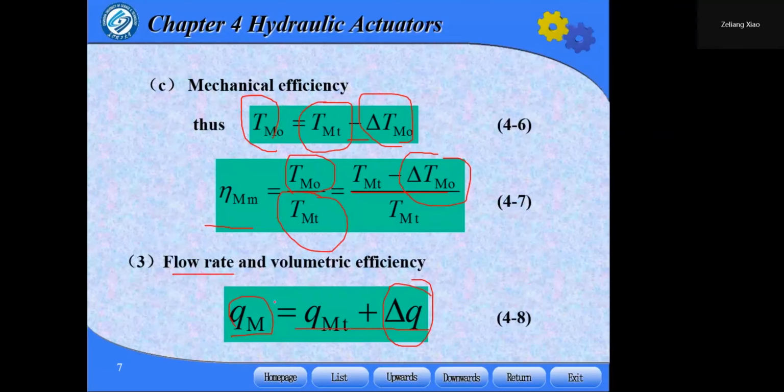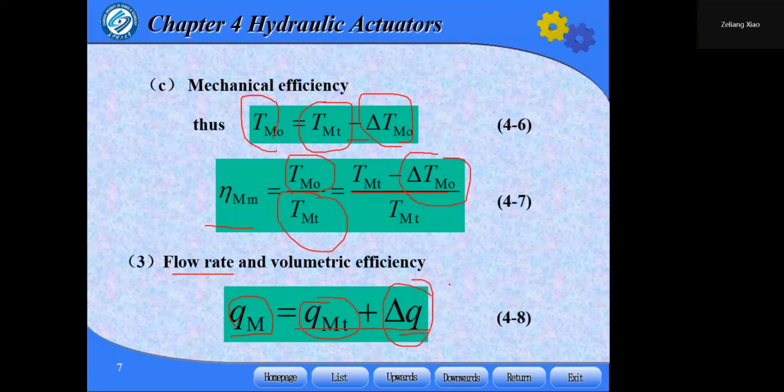So the total flow rate equals the theoretical flow rate plus the leakage or the loss.